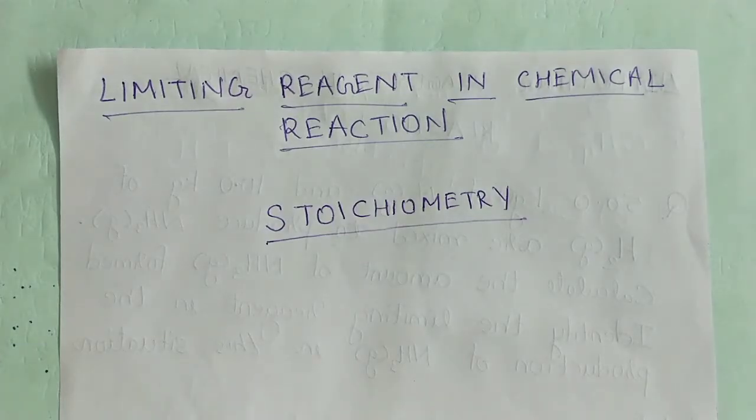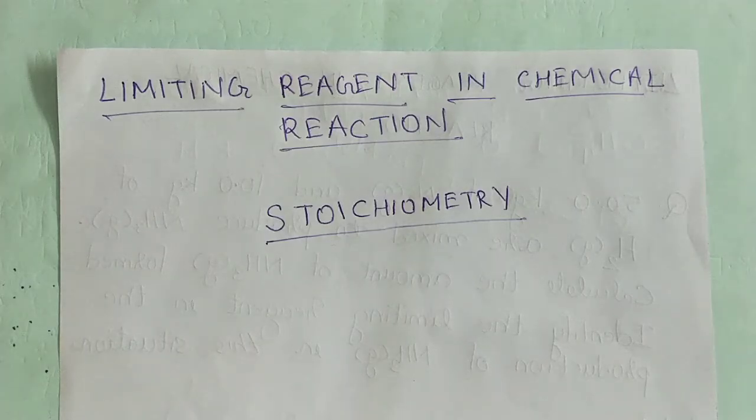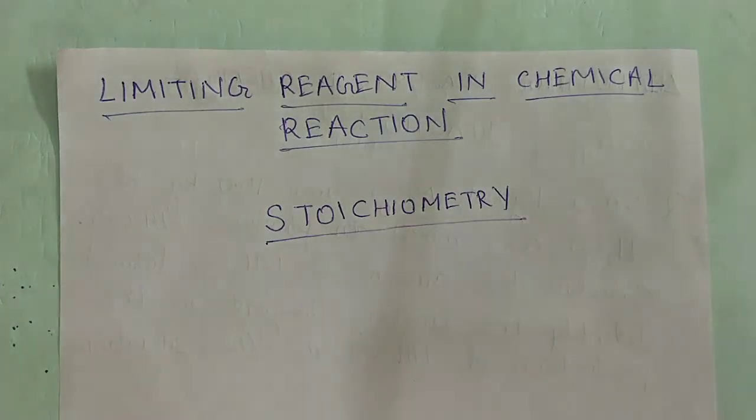I didn't use specifically this term in the previous video because I wanted to keep it simple without using any specific scientific terms. I just wanted to show how to balance chemical reactions.